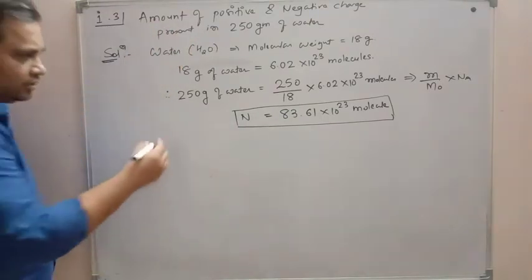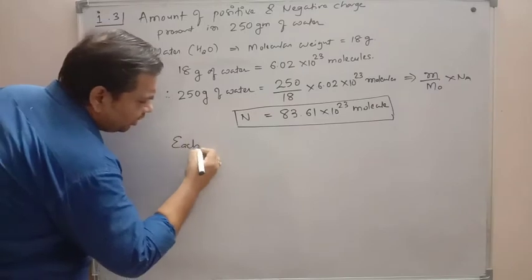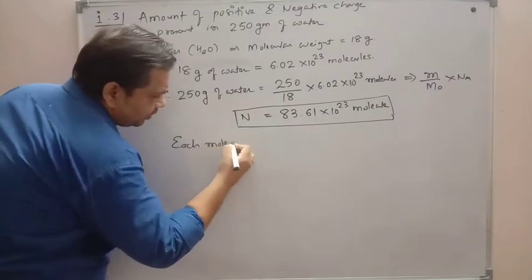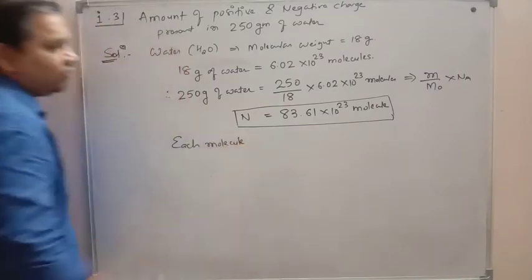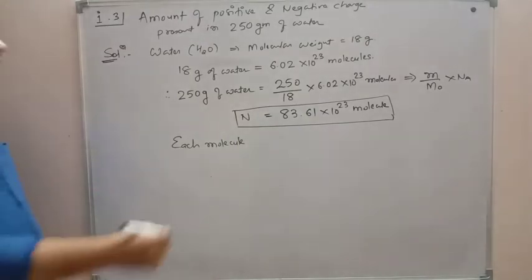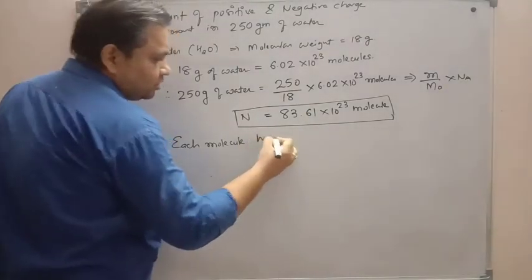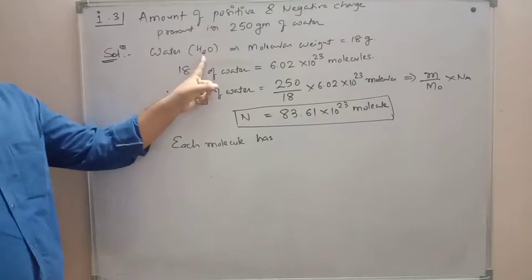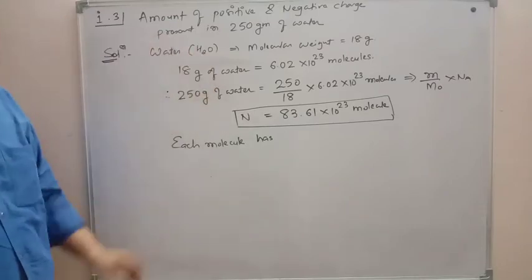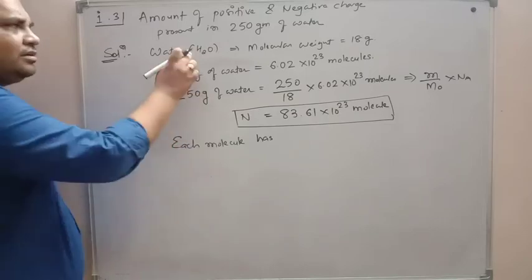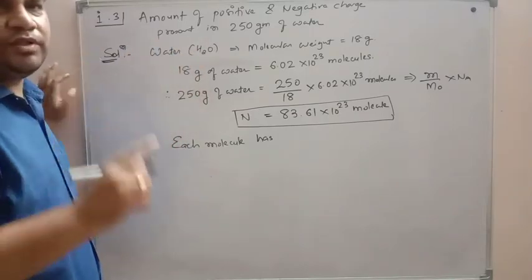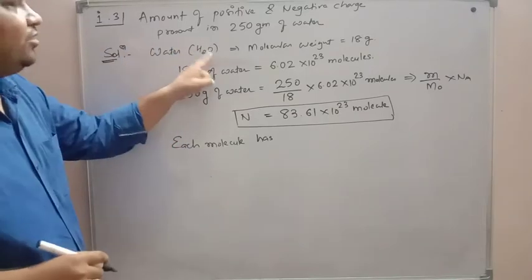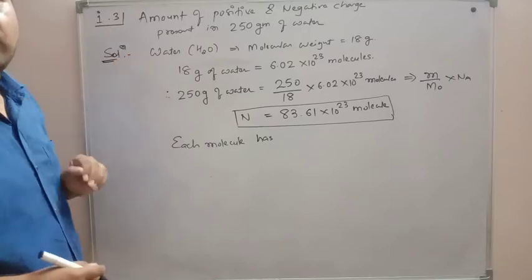Now each water molecule has H2O, that means 2 hydrogen atoms and 1 oxygen atom. In each hydrogen there is 1 proton and 1 electron, and in oxygen there are 8 protons and 8 electrons.